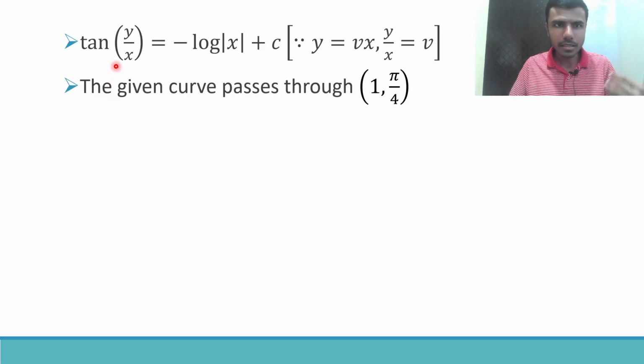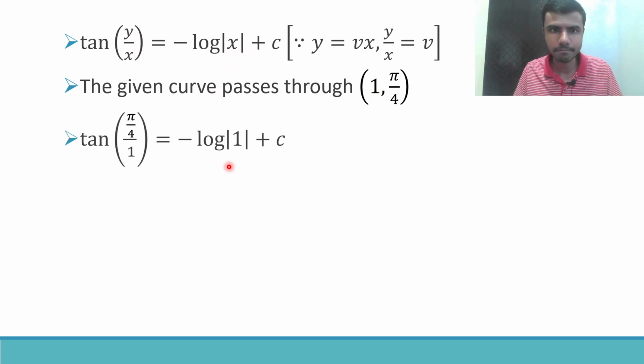As I mentioned, this curve passes through 1 comma pi by 4. Since it passes through 1 comma pi by 4, instead of y you can put pi by 4, and instead of x I can put 1. So this is what I'd get. Log 1 is 0, and pi by 4 by 1 is nothing but pi by 4.